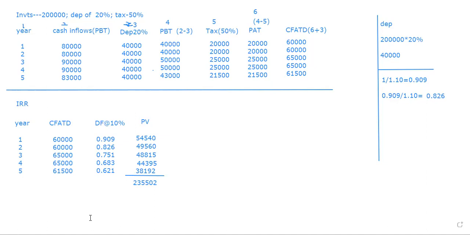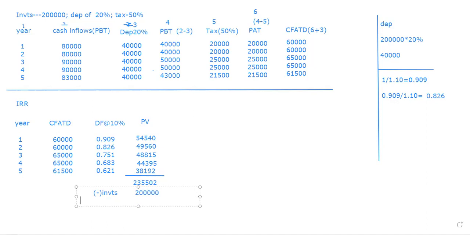So if I want to know my NPV, how are we going to calculate it? We'll simply subtract the investment. So here I'll minus the investment, which is 2 lakhs.